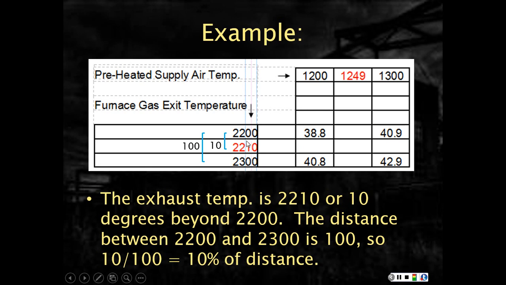So in other words, I've moved 10 increments between an overall distance of 100 increments. So that distance over the total distance that I could travel, I simply set up a ratio, 10 over 100, which really makes it easy. So I'm 10% of the distance along this table. I can apply that same situation to this.